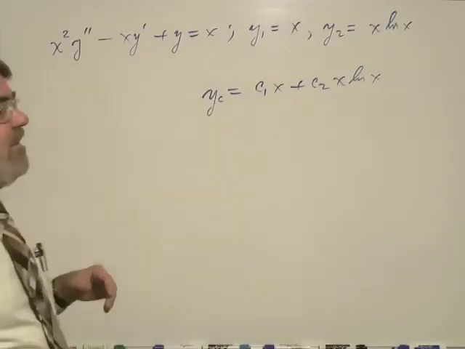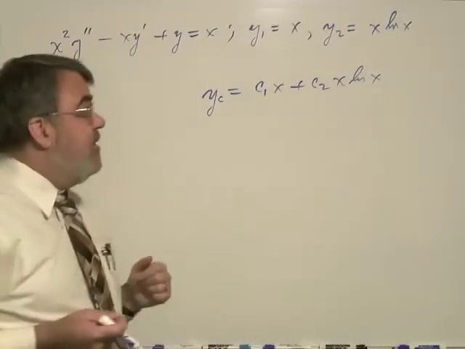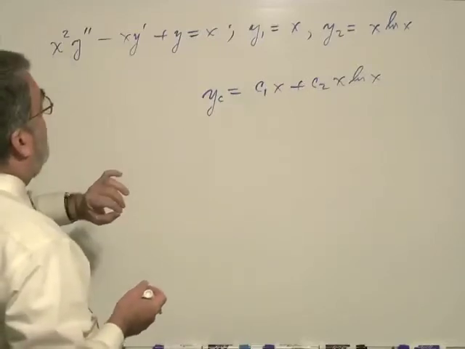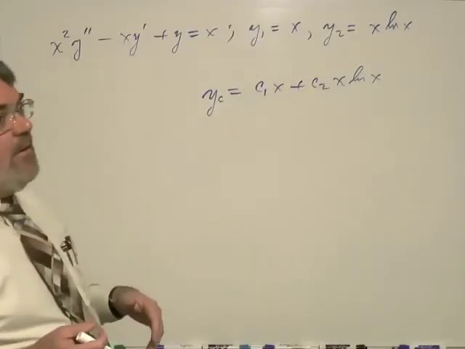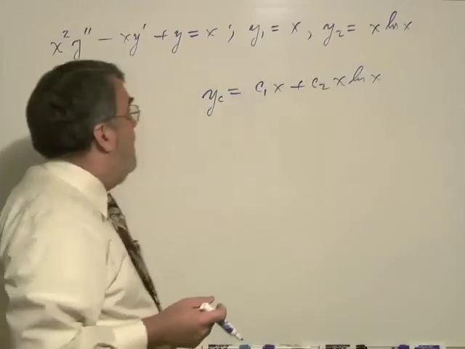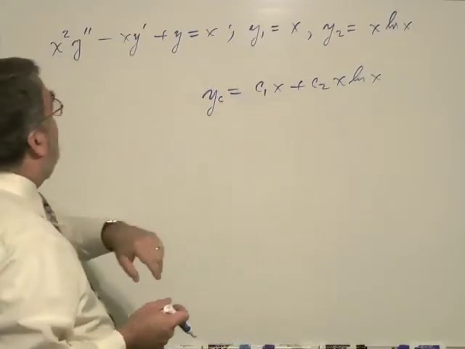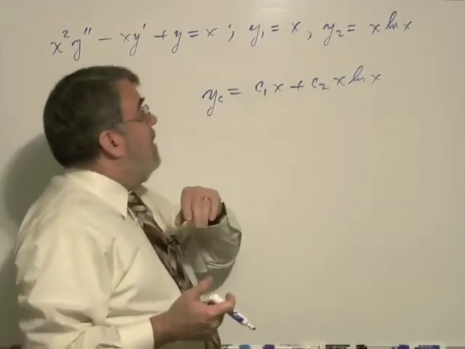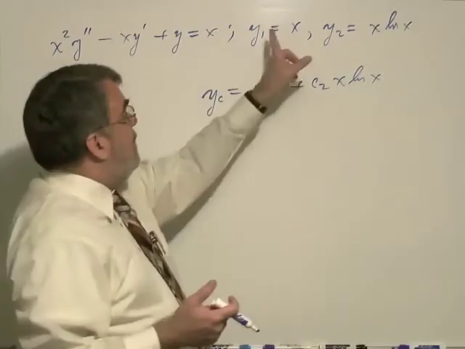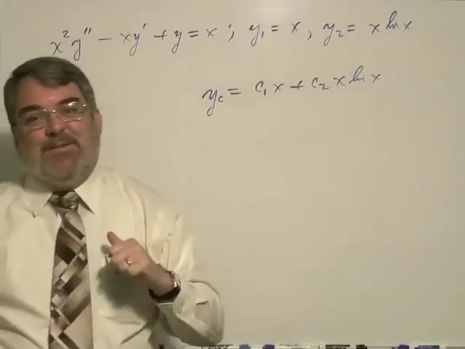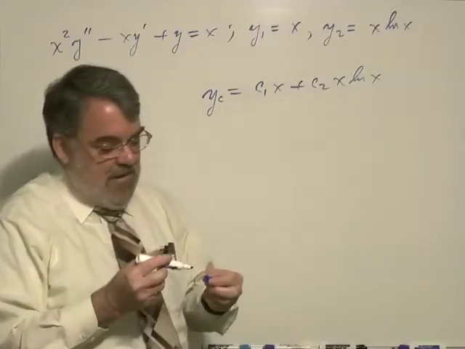It is possible to solve this by variation of parameters, but the trick is you would have to know what the complementary solution is, and I don't know if that's terribly easy to get or not. I suspect the author may have just started here and come up with this differential equation. I don't know.